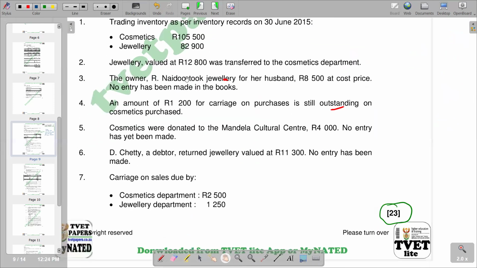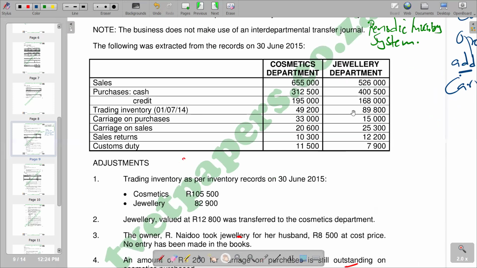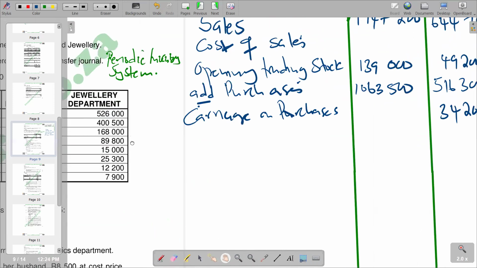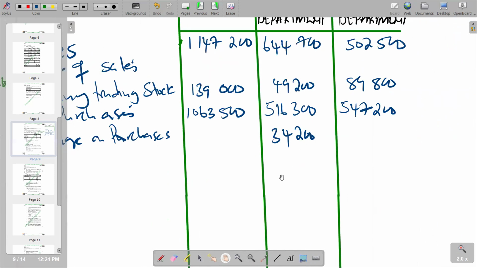We see that we have nothing, so we're going to take our 15,000 as it is and put it here as our carriage on purchases. Then we add 15,000 plus 34,200 to get a total of 49,200.